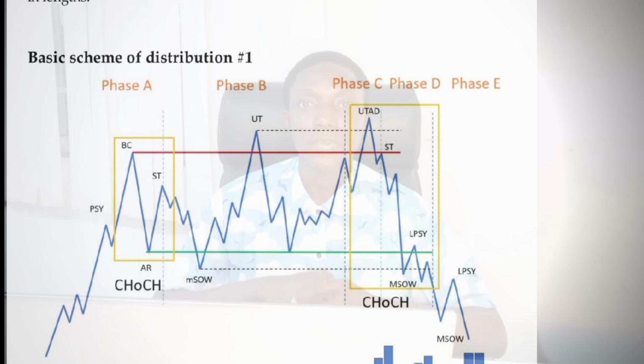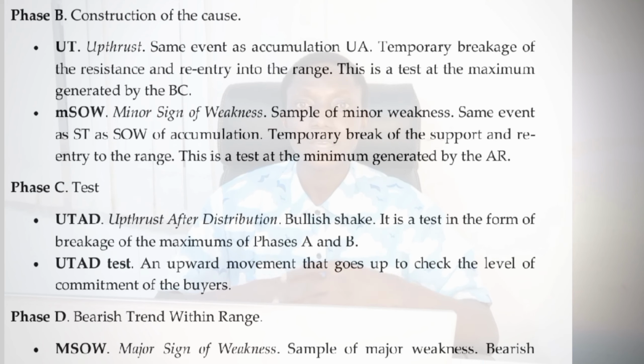Then we have the MSOW, the minus sign of weakness, which is also a temporary breakage to the downside, forming a little abrupt move to the downside, which normally fails too. So the MSOW is actually a temporary breakage, which breaks the automatic reaction and as well breaks the PSY, and then retracts back into the range. Just a minor sign of weakness.